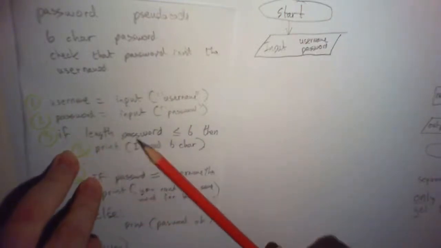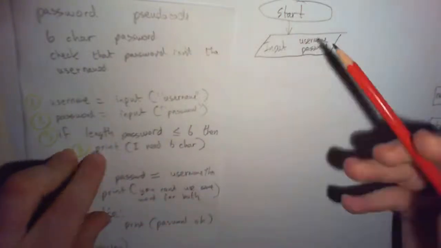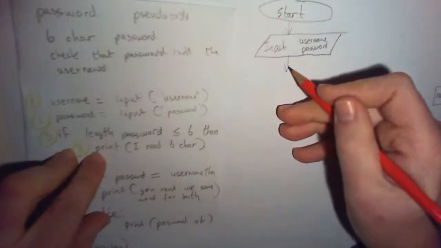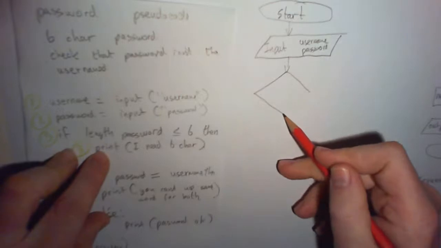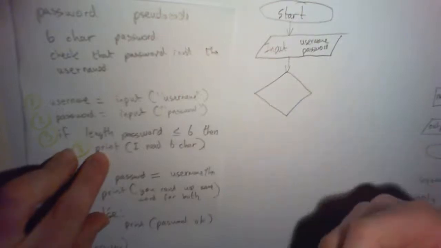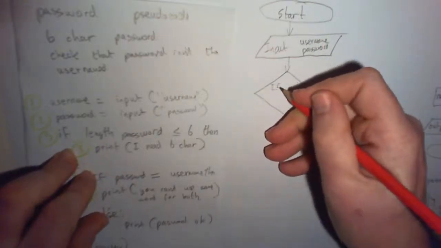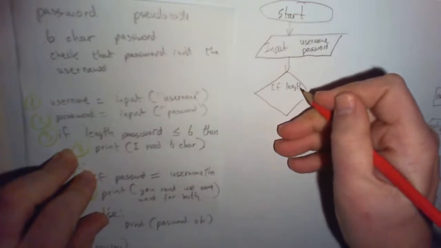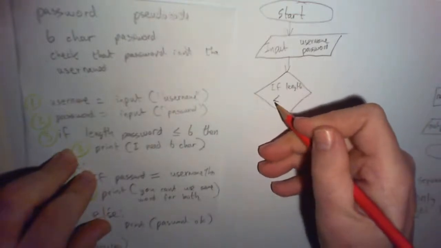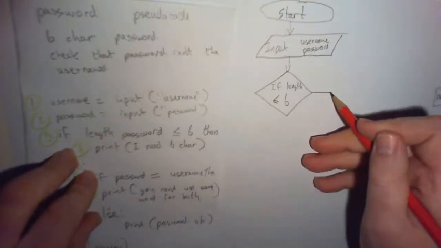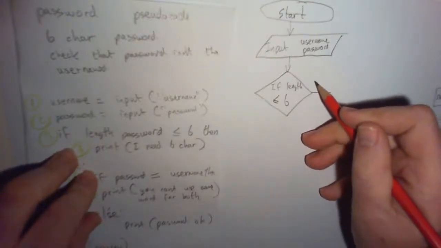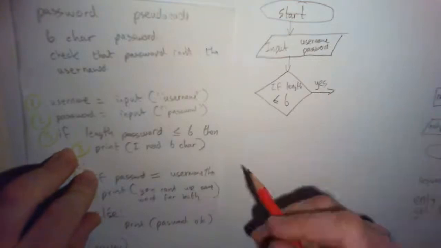If the length. Now, if. What does if mean? Isn't that a decision? So now this is where we're coming to our little diamond. Okay, so we have the decision. If the length is less than or equal to 6, okay, well, if it's a yes, what's going to happen?